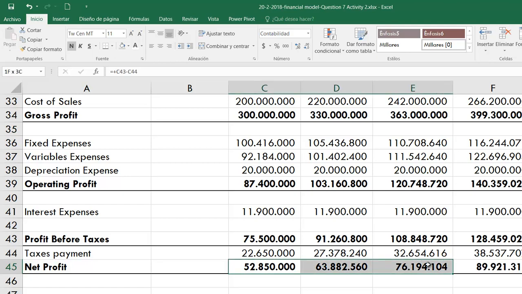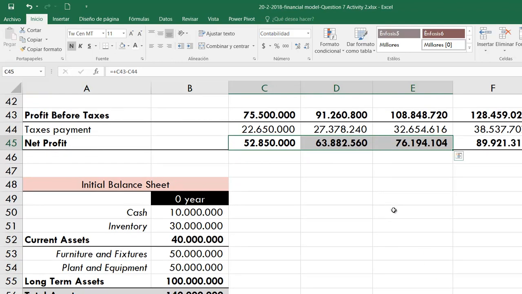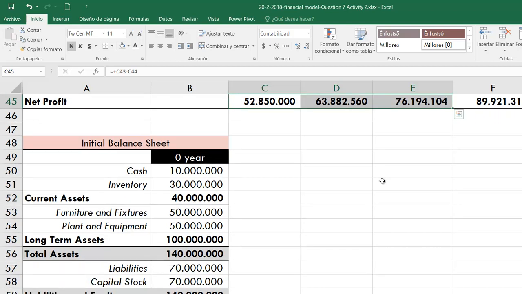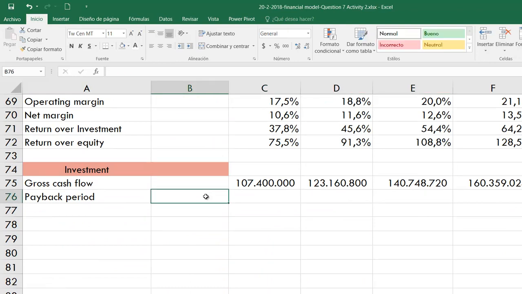So if we add these numbers, we notice that we made back the money before 3 years, because we're investing 140, and 3 years is equal to 192 million. So it's only a matter of typing the 3 because 3 years is what we estimated there.